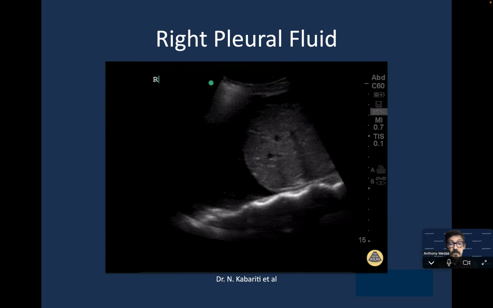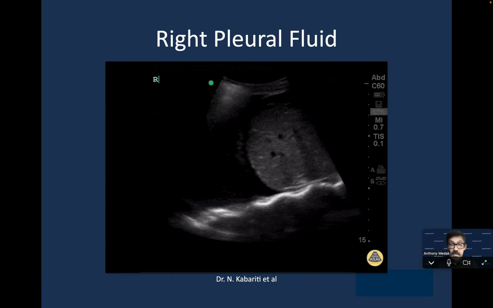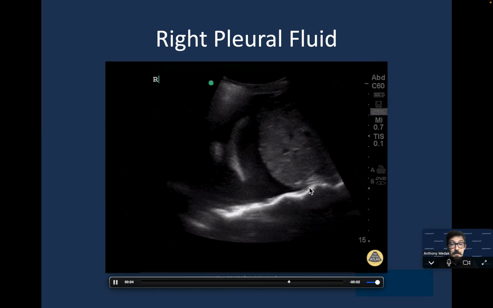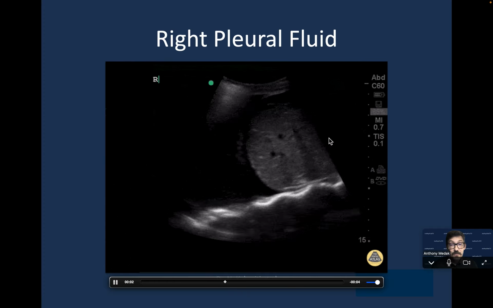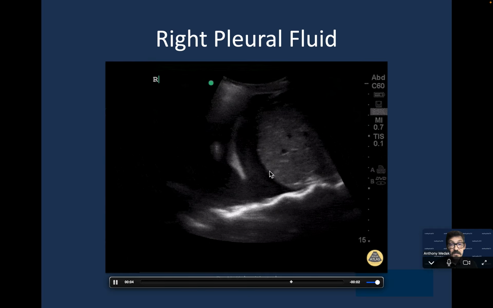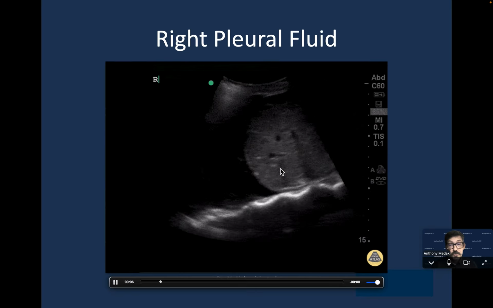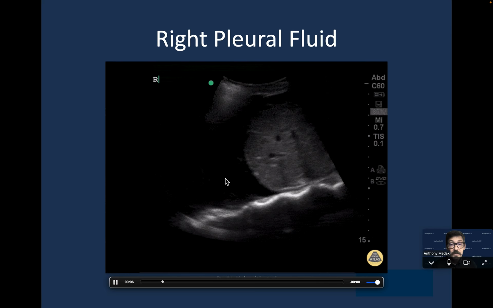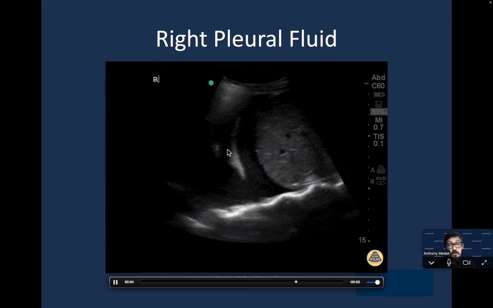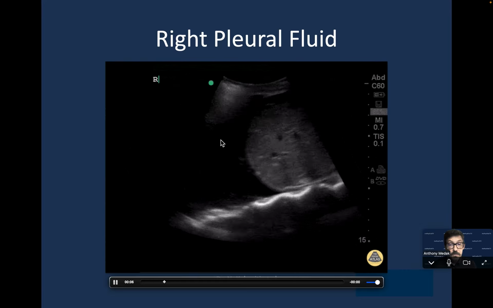Now, contrast that with this image. Same perspective. This is on the right side. So this is lateral, this is the midline, this is the liver, and just above the liver is a diaphragm, and then above the diaphragm it should look like liver on both sides, but we don't see that at all. What you actually see here is a large collection of pleural fluid, and this is actually a little bit of atelectatic, which is a fancy word for collapsed lung, that's floating in all this pleural fluid.